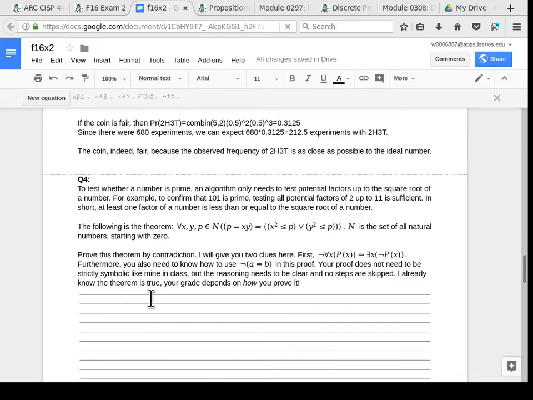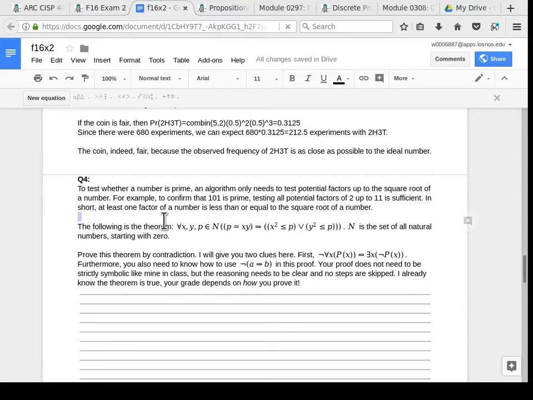All right, so anyway, at this point, we're going to finish the last question, which is a proof by contradiction type of example. In this case, it is quite clearly stated what the theorem is. The theorem states, for all x, y, p that are natural numbers, p equals xy implies x squared is less than or equal to p, or y squared is less than or equal to p.